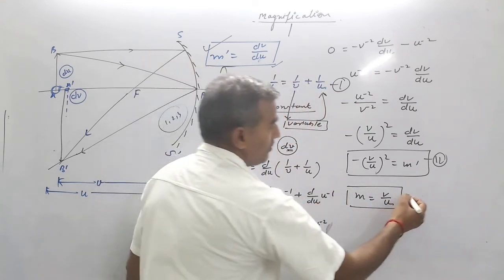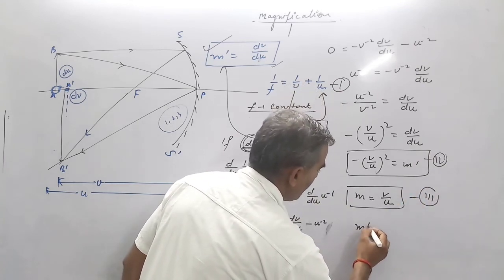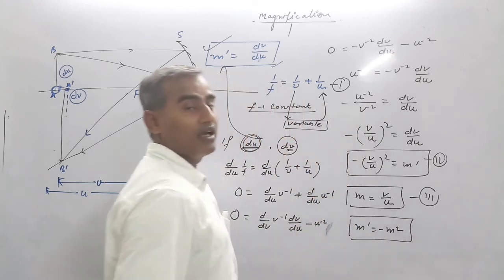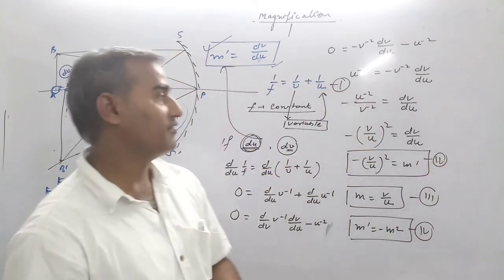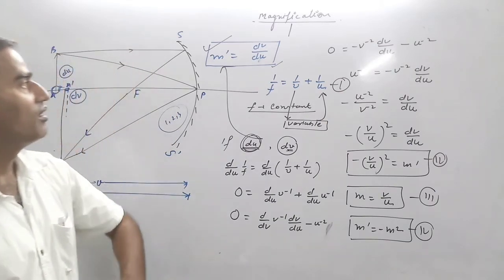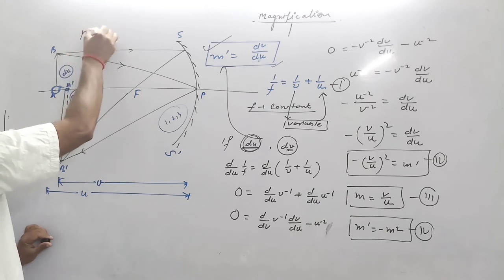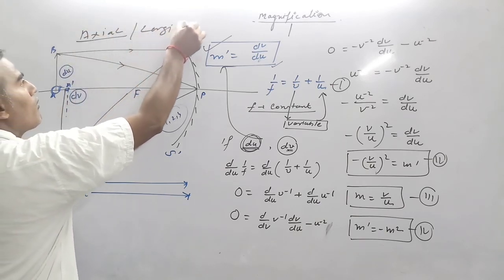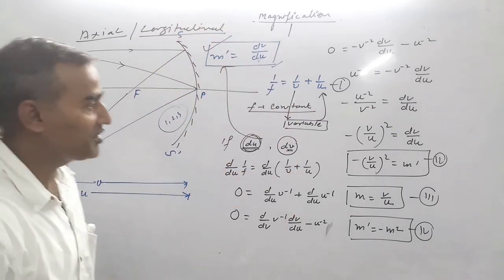So from second and third you have m dash equal to minus m square, meaning linear magnification is associated with axial magnification. So this is the expression for axial or longitudinal magnification.